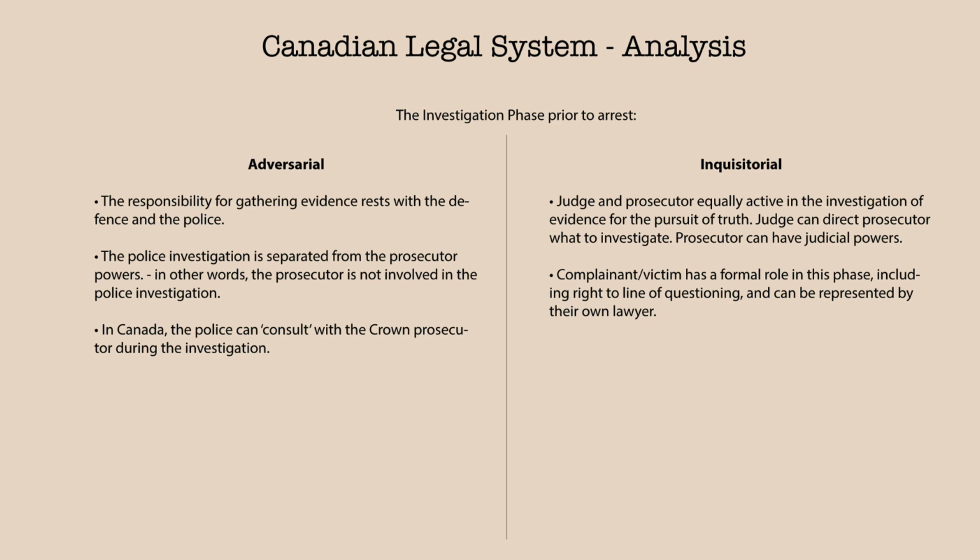So that tells us that our investigation phase is not consistent with what the general description of the adversarial justice system is. It has the hallmark of the inquisitorial system as far as the complainant/victim having a prominent role in the investigation phase.